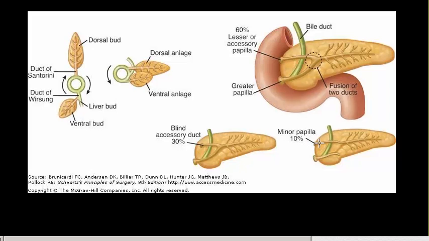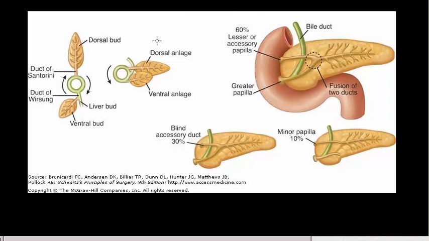In some cases that will lead to failure of this minor papilla to cope, and that will lead to accumulation of enzymes in the pancreas and to pancreatitis. And the surgical treatment of that is minor papilloplasty.